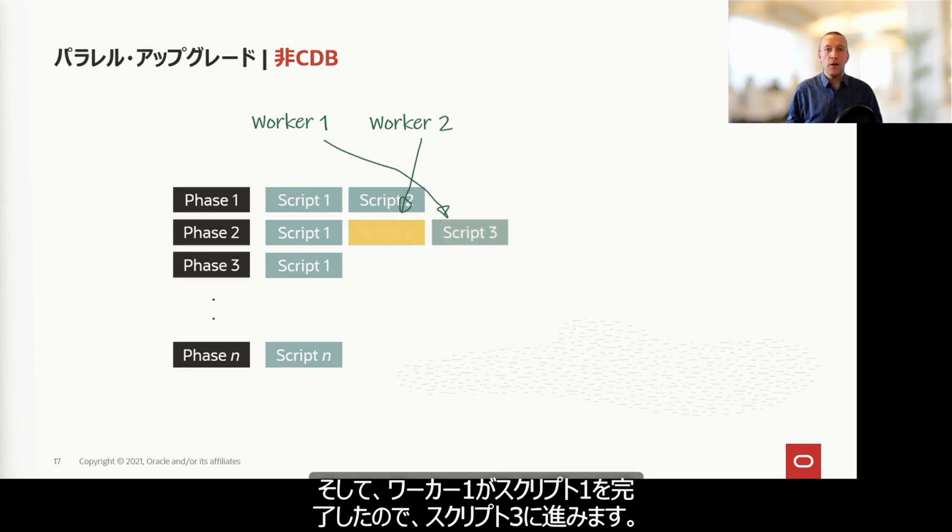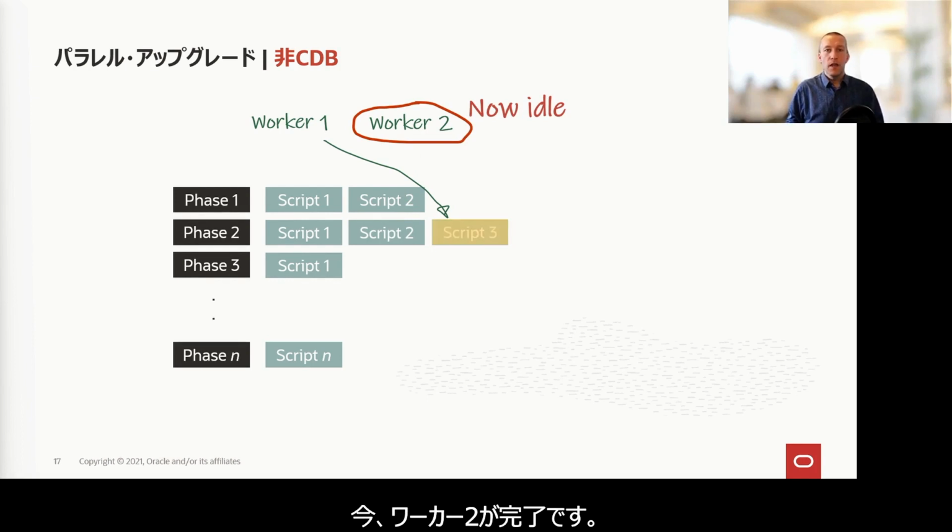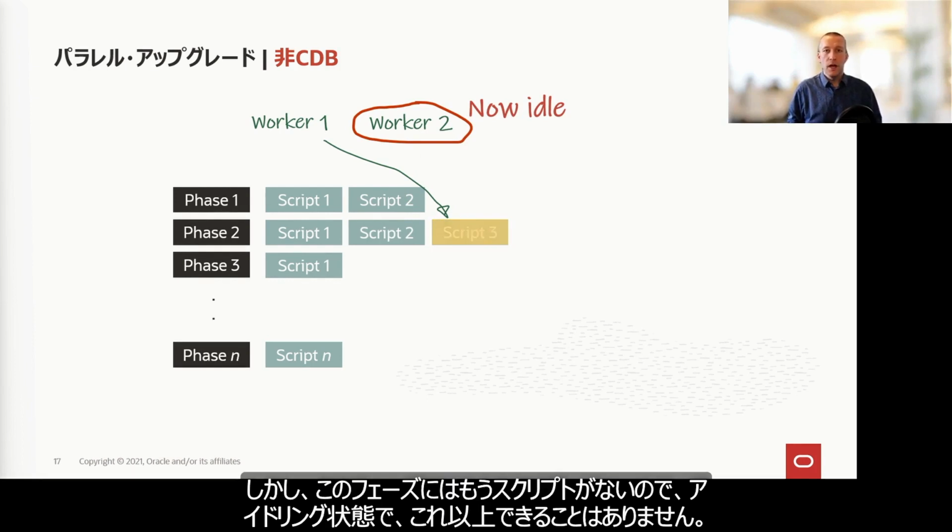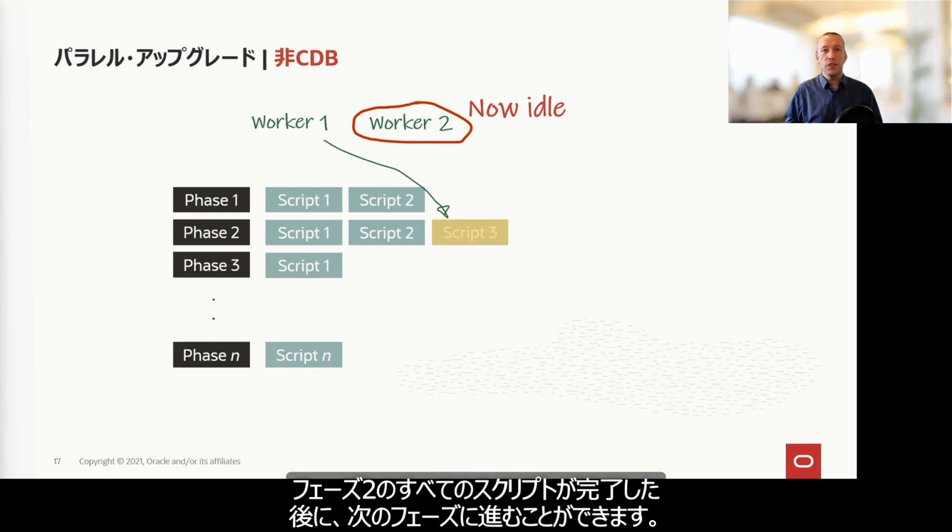And now that worker 1 has completed script 1, it'll continue to script number 3. Now worker 2 is done, but since there are no more scripts in this phase, it's idling. There's nothing more it can do. It can't proceed to the next phase until all scripts in phase 2 have completed.